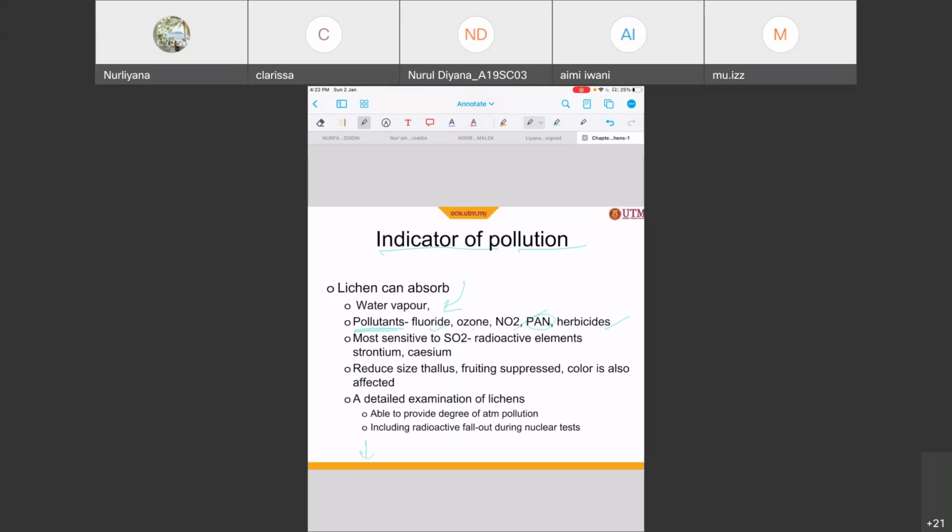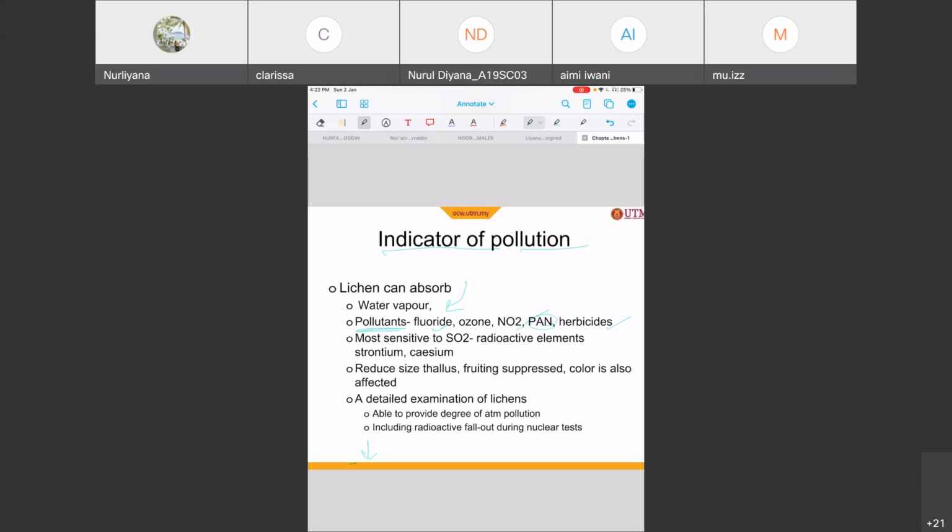Kadang-kadang saya ada buat elaboration dekat bawah each slide tu, macam contohnya short form kan. Nanti kat bawah tu saya ada explain in detail.